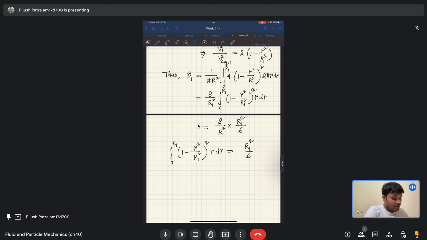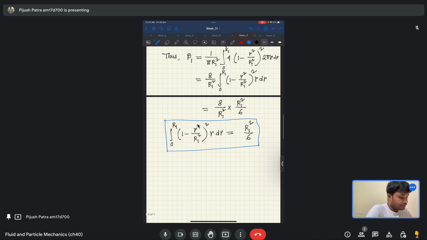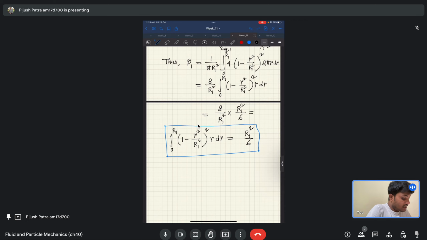So this is the integration we are using here. That means this is 8 by 6, 4 by 3, which is equal to 1.33. Fine. I guess this is fine.